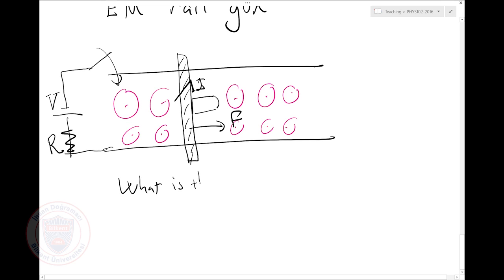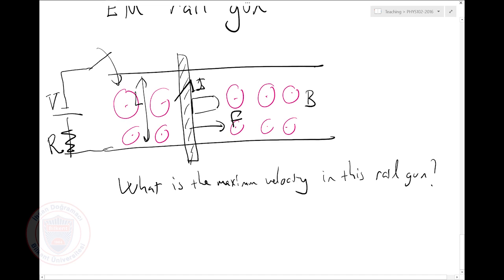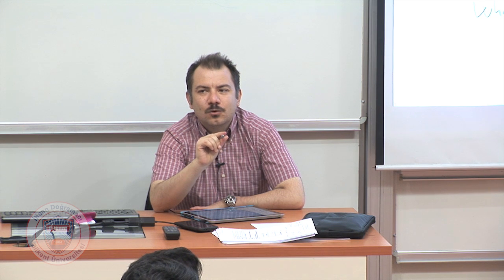What is the maximum velocity in this railgun? I'm given V, R, and also magnetic field B, also quite possibly the length here. Now, when I first close the circuit, the rod is not moving, so there is no induced EMF.